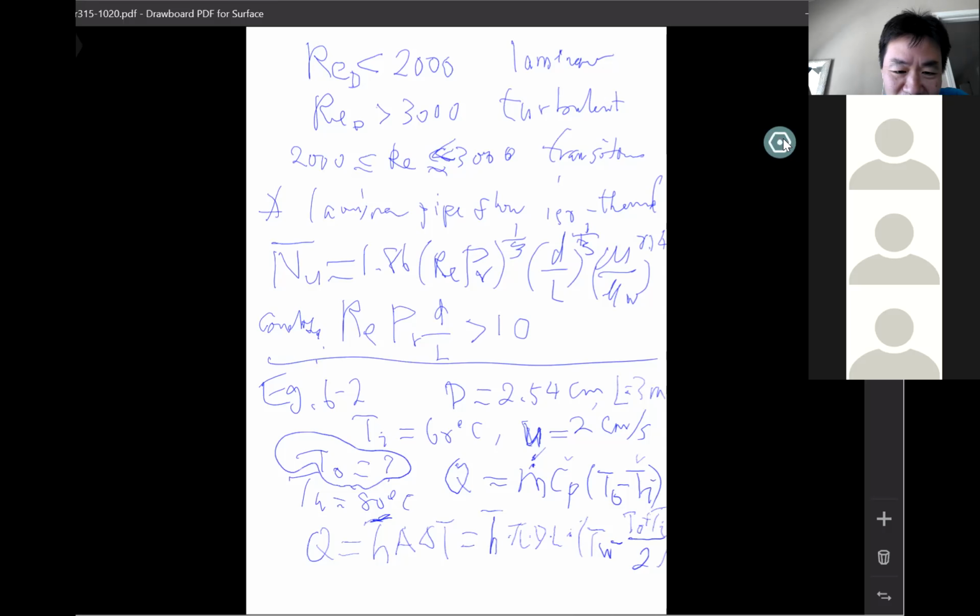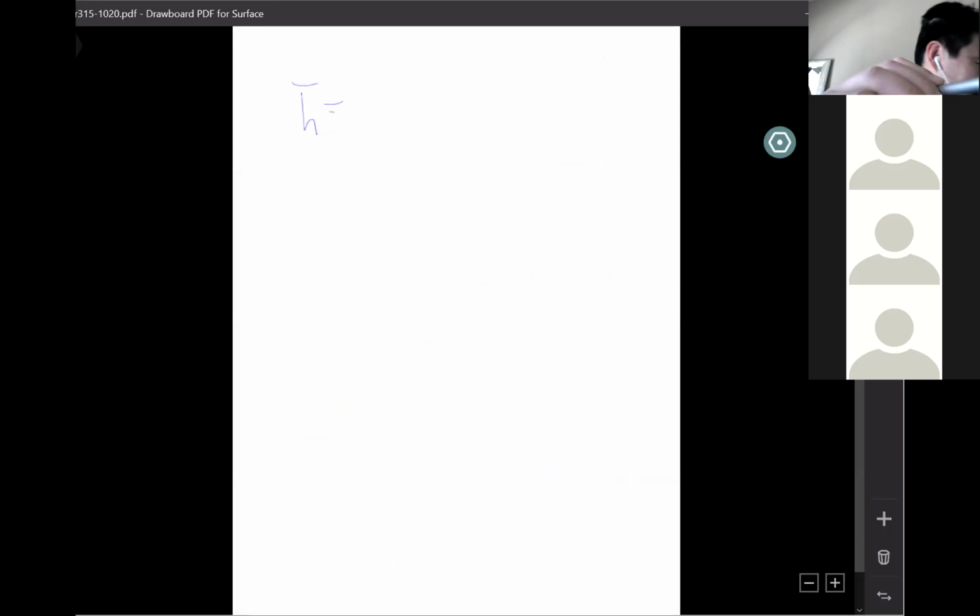Now, so this will be equal to this. My To again appeared on this side of the equation. Okay, it's fine. We can combine these two as long as there's only one unknown, right? Ti I have, To I have, D I have, L I have, pi I have. So the only thing I need to figure out is what? The h bar, right? I have to write on the next page. So h bar equals what? Anybody?